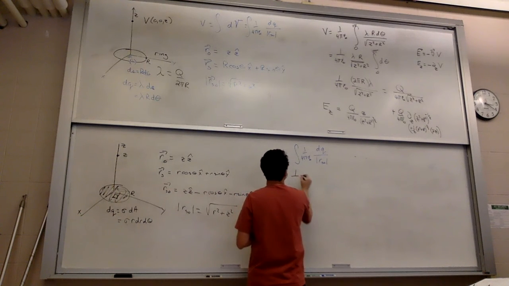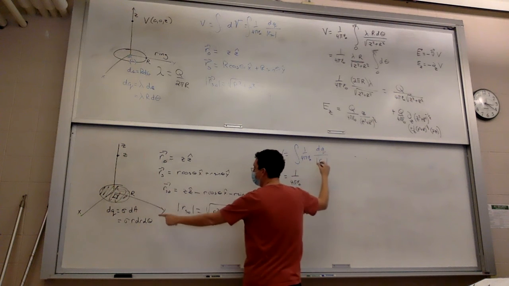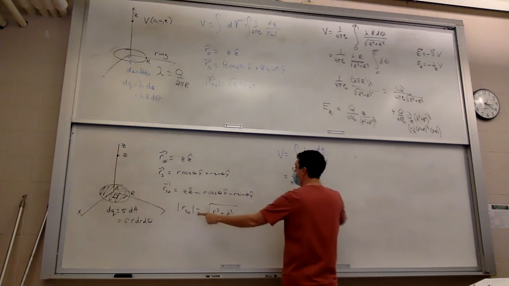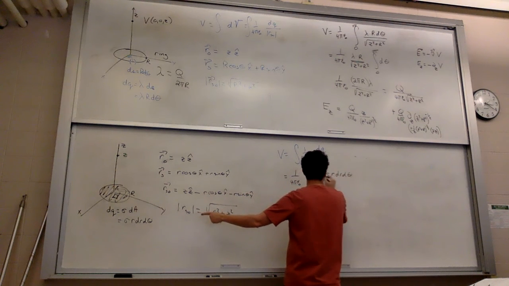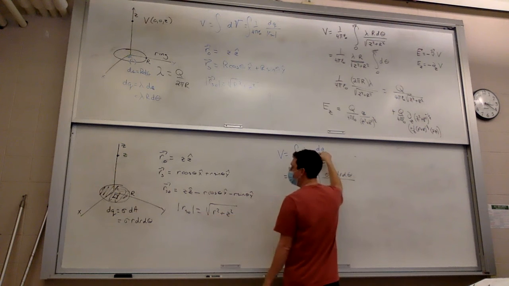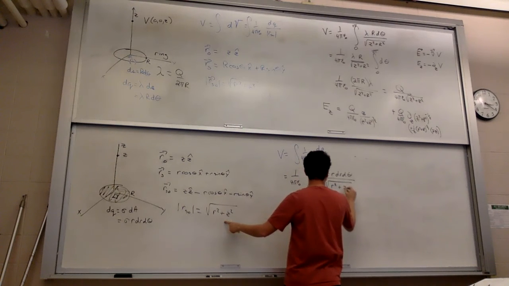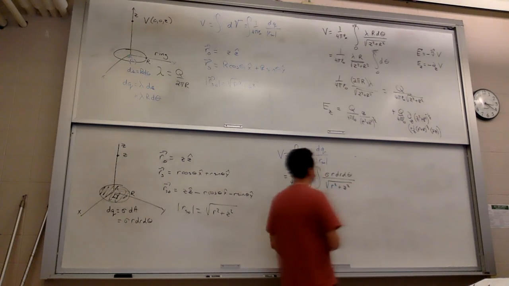So now I can pull out this constant. dq is going to be sigma r dr d theta, so it's a double integral, and r_SO is the square root of r squared plus z squared.